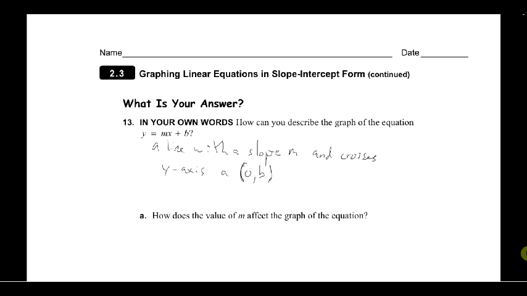So we have a whole description. A line with a slope m and crosses y-axis at 0, b.